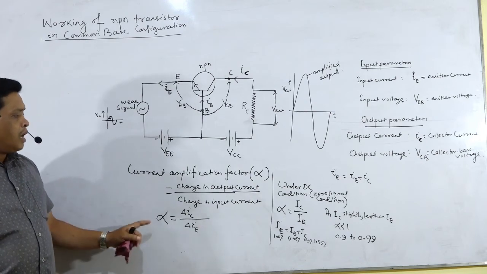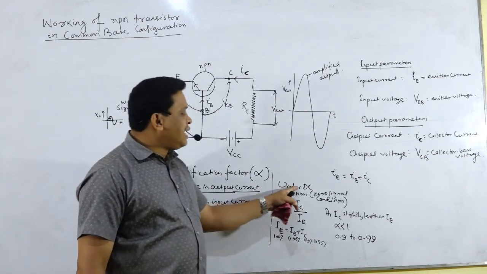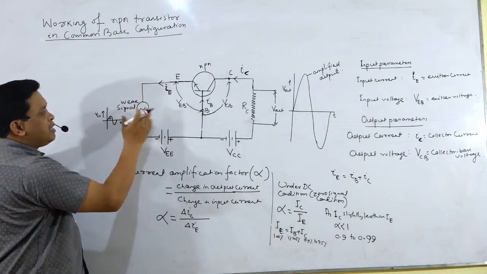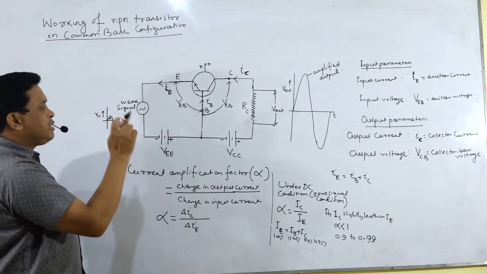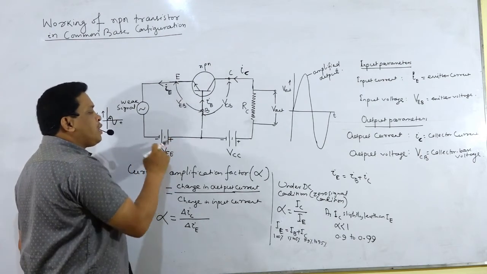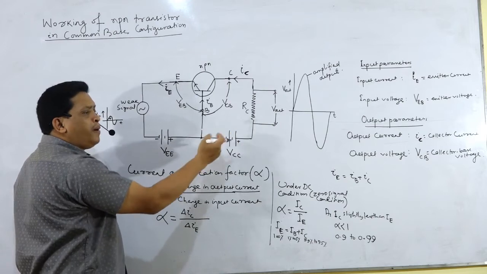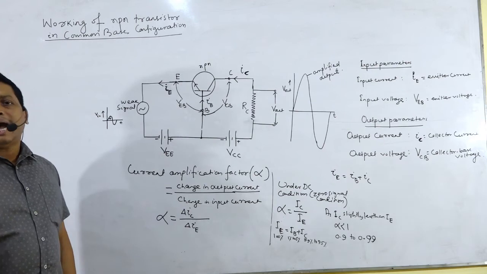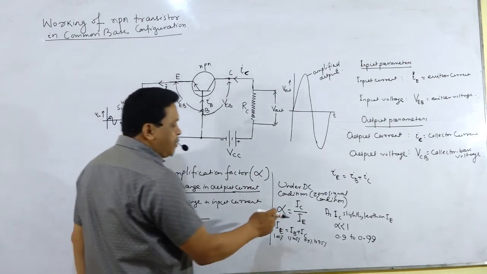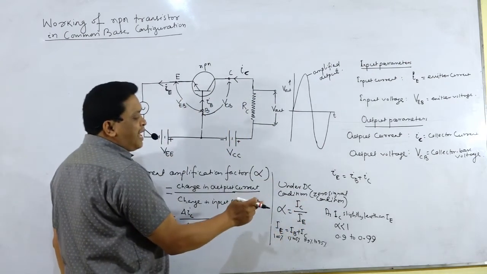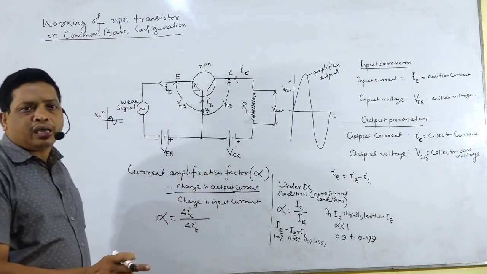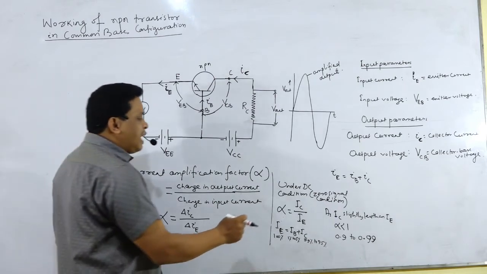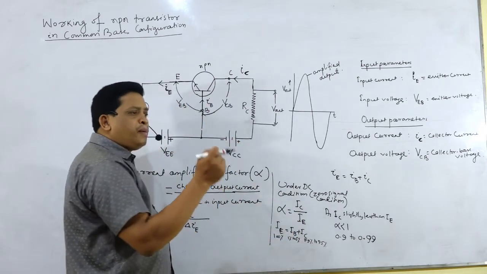Okay, and when no signal is applied, that is called zero signal condition. Even then, because of the input battery and output battery, there is current, but that current is DC, direct current. So I make use of symbols capital IC and capital IE. Capital IC is the output collector current, and capital IE is the input emitter current.